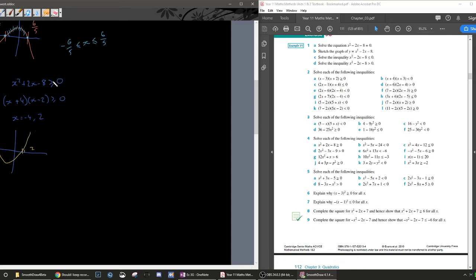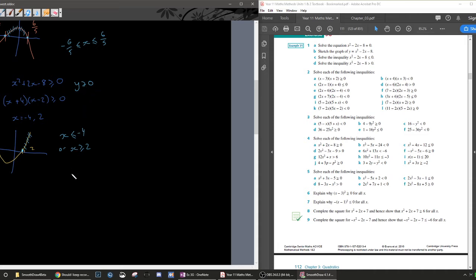Okay, and we want to know when that is greater than or equal to 0. So we care about this zone here. That's when our y value is greater than or equal to 0. And same over here. So x is less than or equal to -4, or x is greater than or equal to 2. And we include the equal to because we get to include our intercepts because it's y greater than or equal to 0.